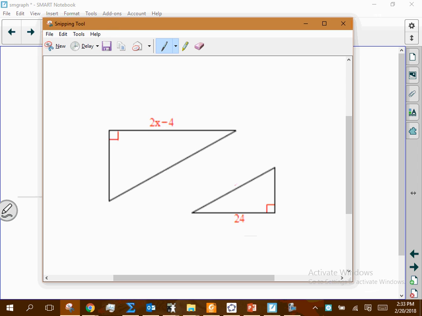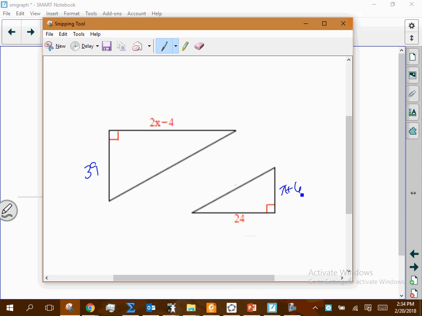Let's say the 39 would have been maybe here, and the x plus 6 is there. If that's all the information they give me, if you were to read the directions, the two figures below are similar, solve for x.